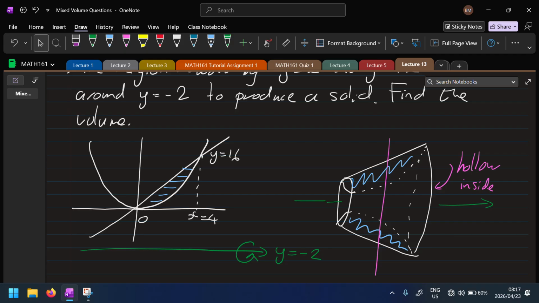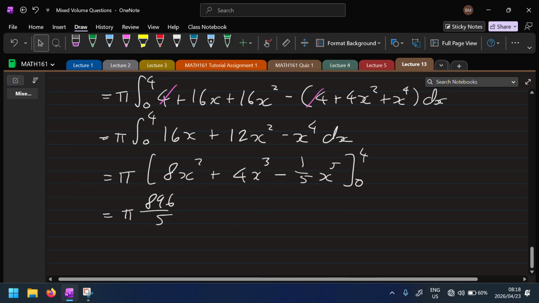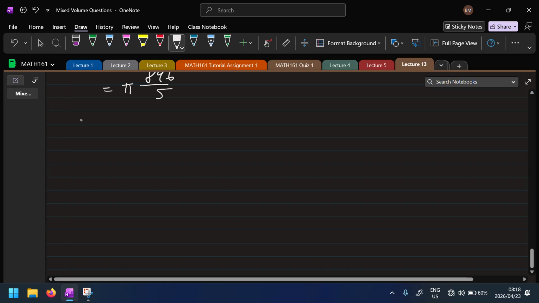So for the shell method, we're going to be rotating around this axis here. So that strip, to make the shells, will now be horizontal. So it will be this horizontal bit here. Let's just redraw this quickly, and then I'll show you the setup.